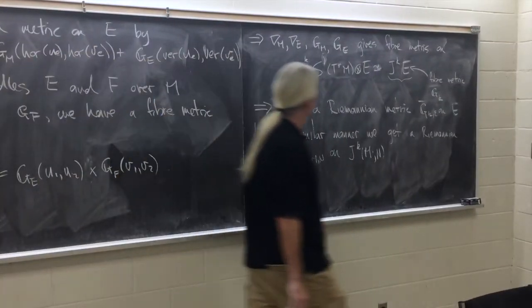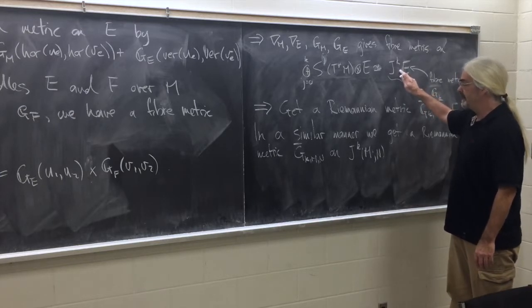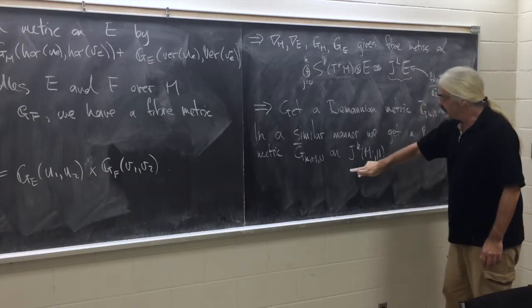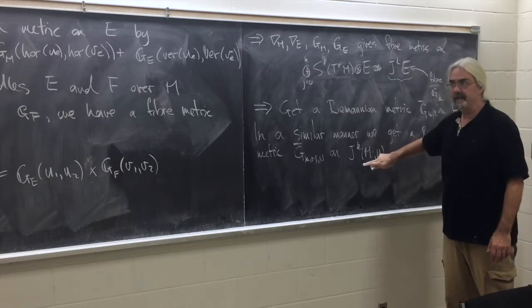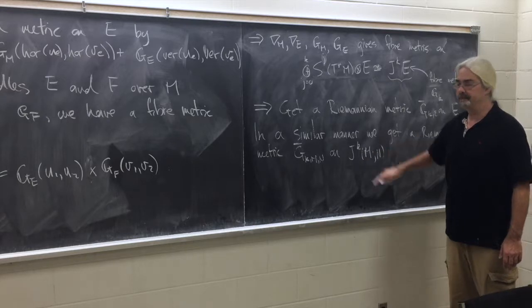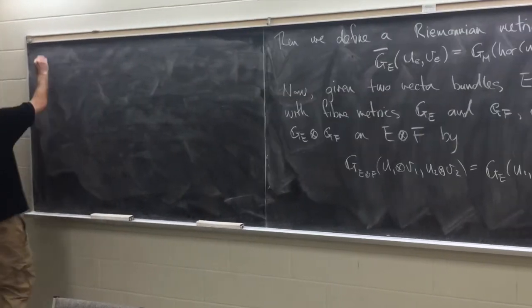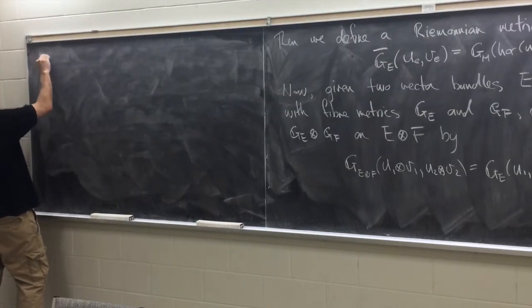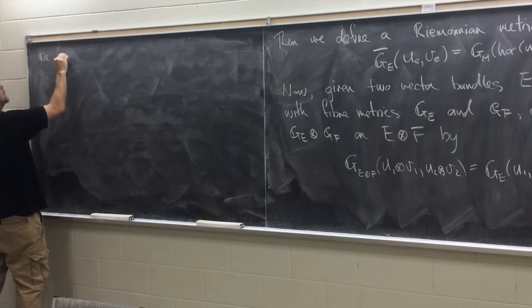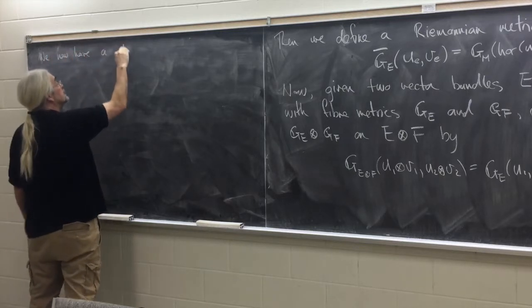And you know, when you're thinking about this thing here, this is really going to be most applicable for E itself and J K E. Mostly, I'll just be using the fiber metric. Okay, good. All right, so we now have a distance function.